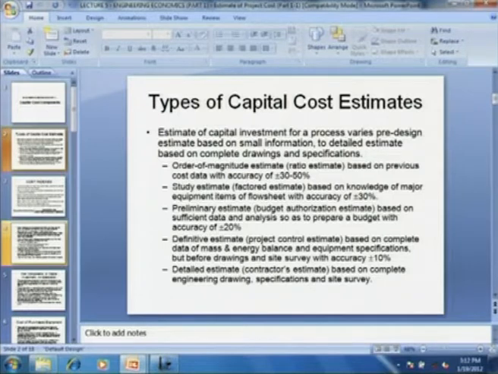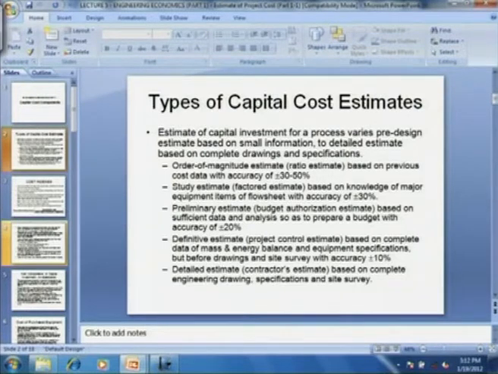These estimates are called by a variety of names, but we have categorized them basically in 5 categories that represent accuracy range and designations normally used for design purposes.